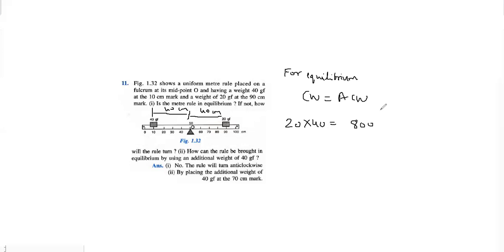And anti-clockwise moment, let's check, comes out to be 40 into 40, which equals 1600. So since clockwise moment is not equal to anti-clockwise moment, it's not in equilibrium. So therefore, no equilibrium.